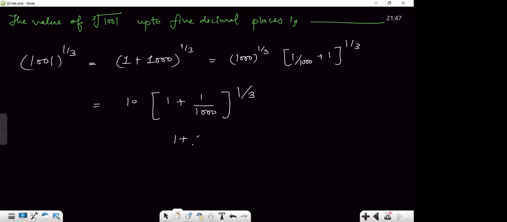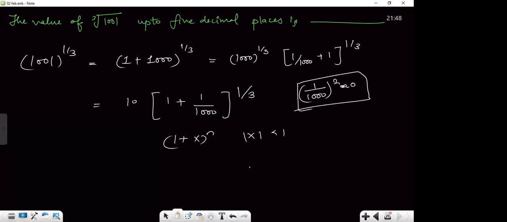Now 1 plus x raised to power n can be applicable because modulus of x is less than 1, and even the x is 1 by 1000. If we take its square, it is almost negligible. So we can find out that its square will not be as much applicable to us. But let's try to find out its value first.